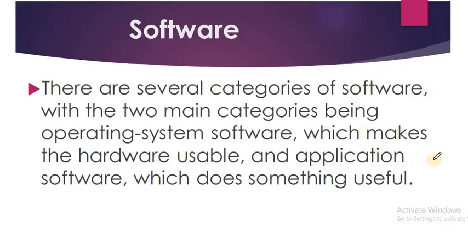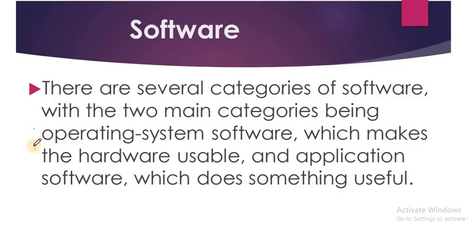And there are several categories of software, but within the context of IT or information systems, we base our knowledge on two categories of software. The first one is operating system software. That's number one.